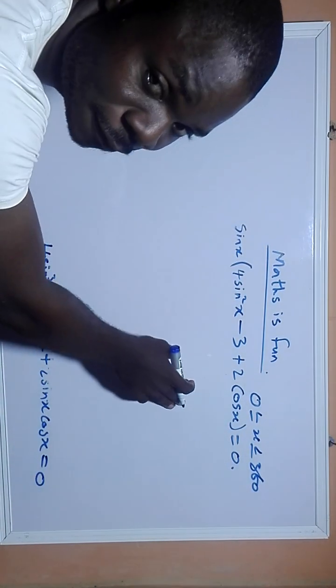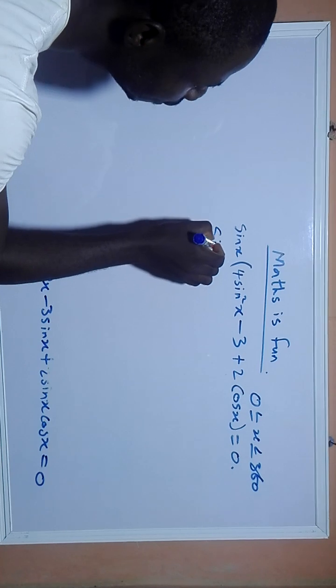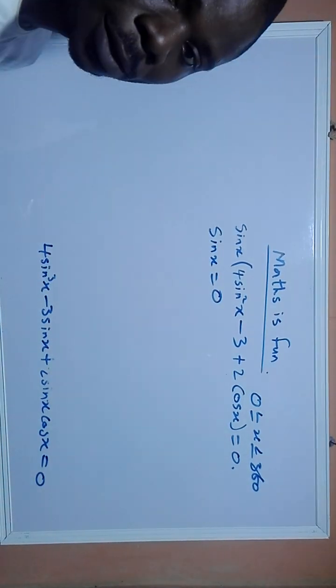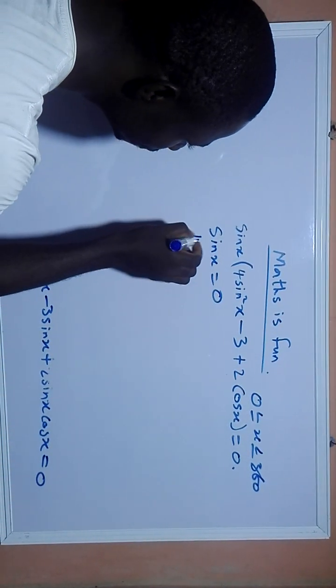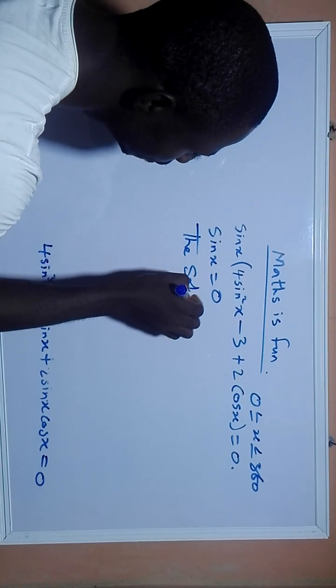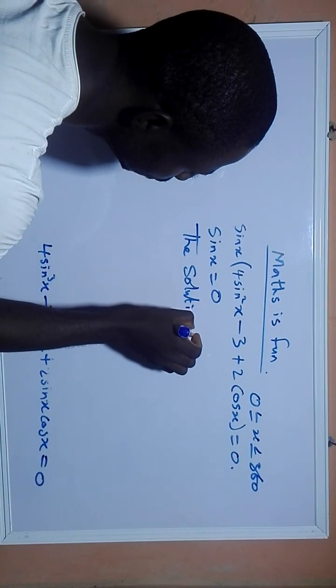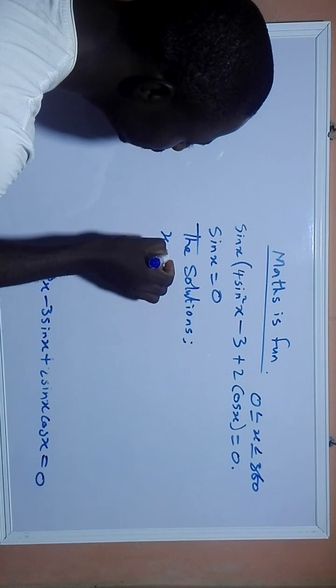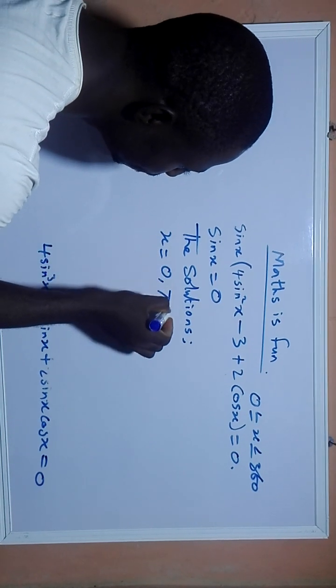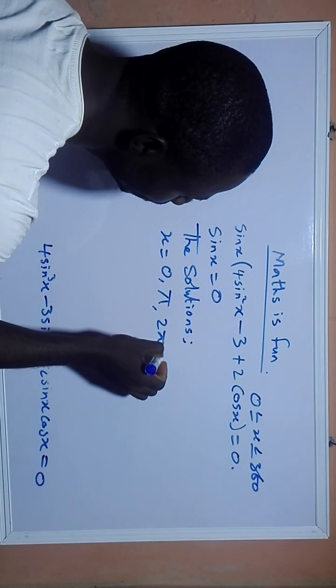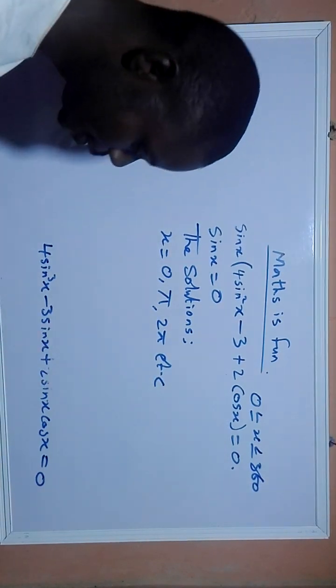So from this equation, we can now have sine x is equal to 0. So the solutions will now be x is equal to 0, pi, and 2 pi, etc.